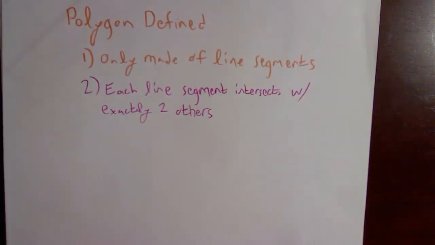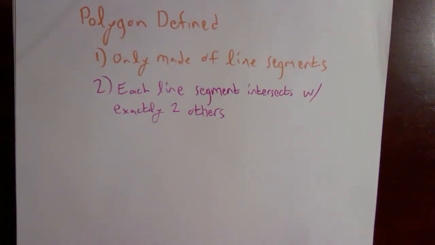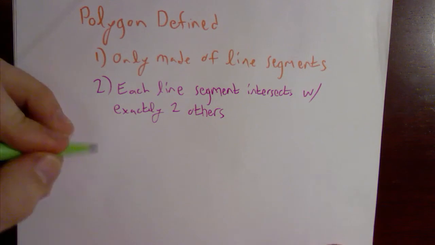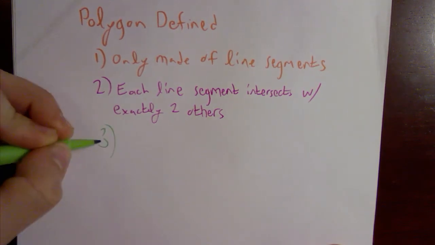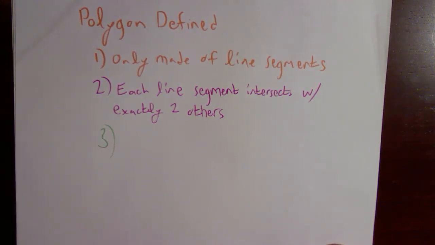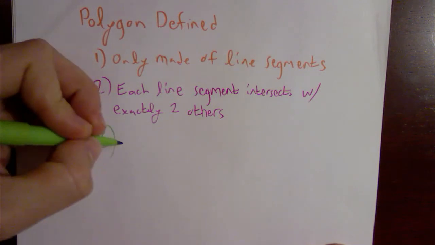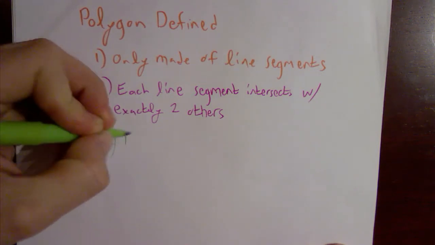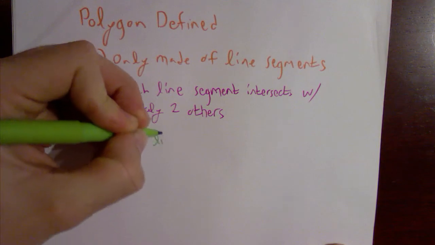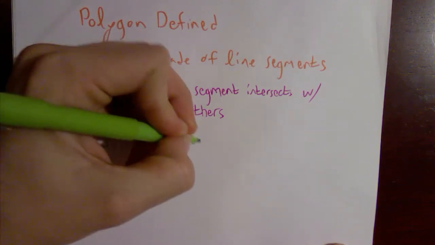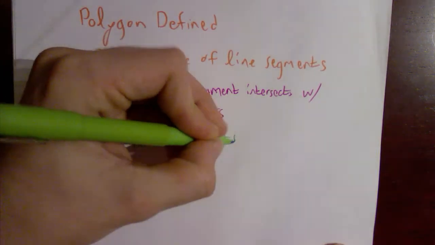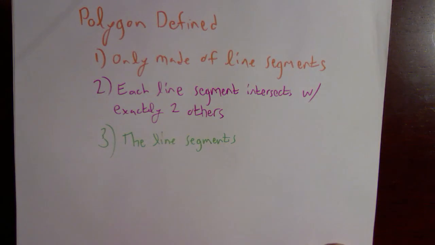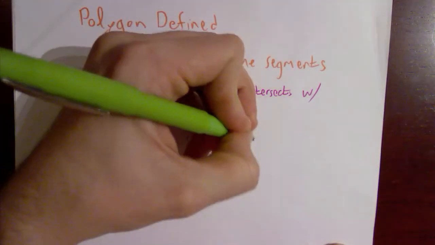And then finally, the third thing that we're going to use to define a polygon, number 3, is that the line segments only intersect at endpoints.